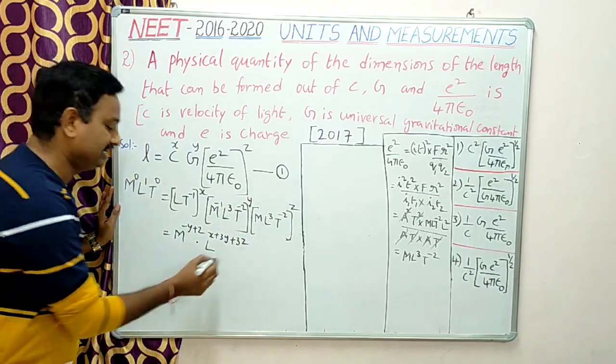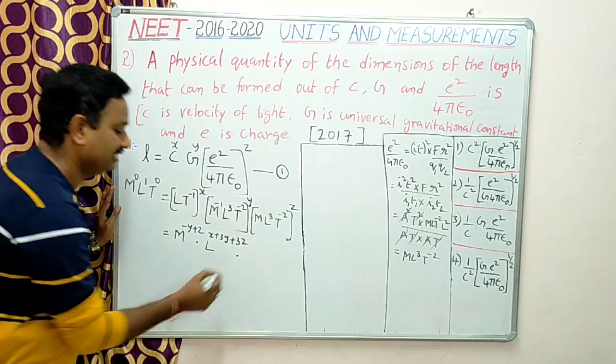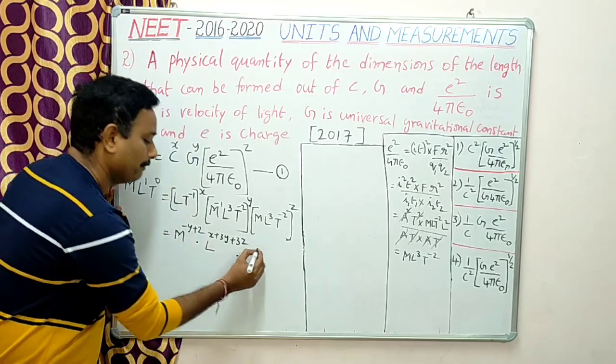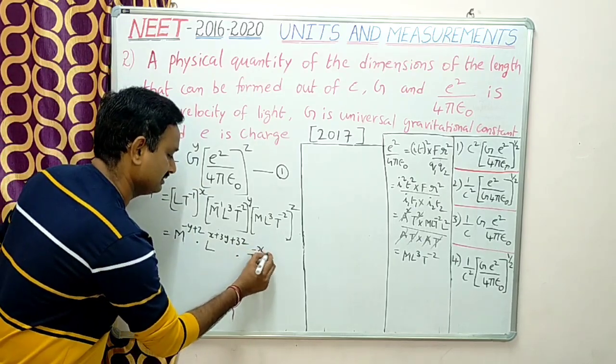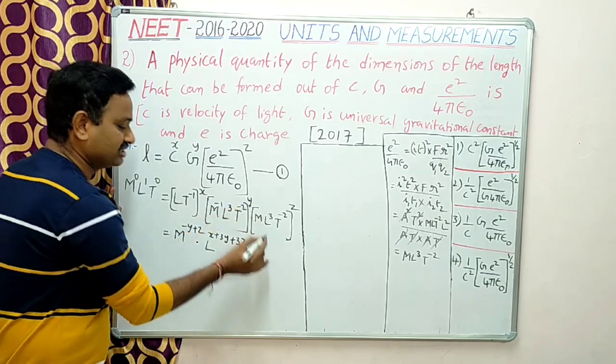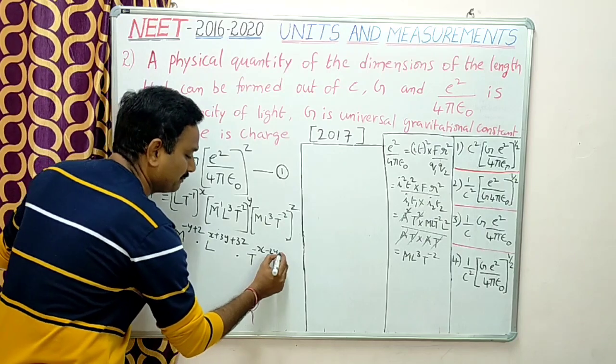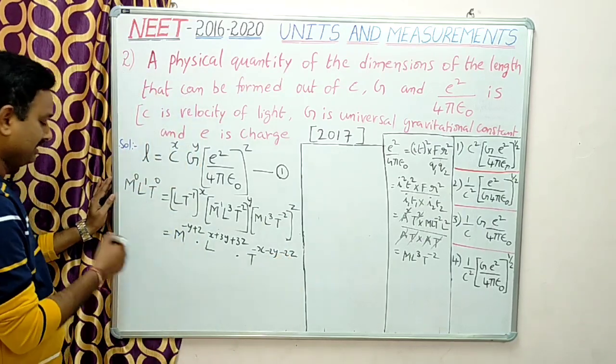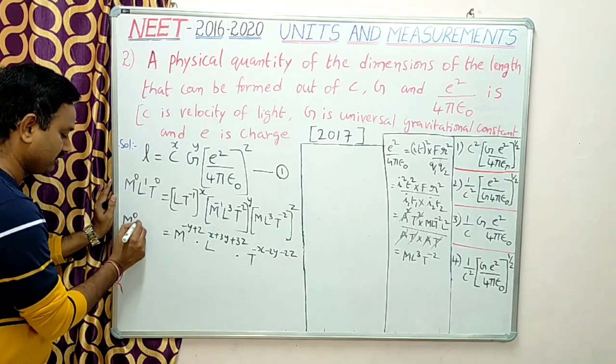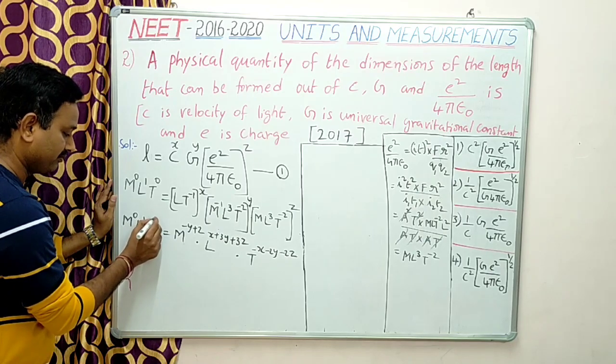Next in terms of T, that is T power minus x, and here minus 2y, and here minus 2z. In LHS that is M power 0, L power 1, T power 0.